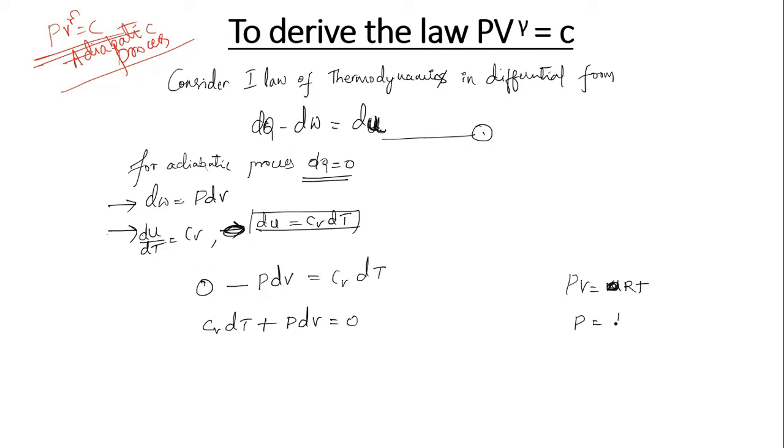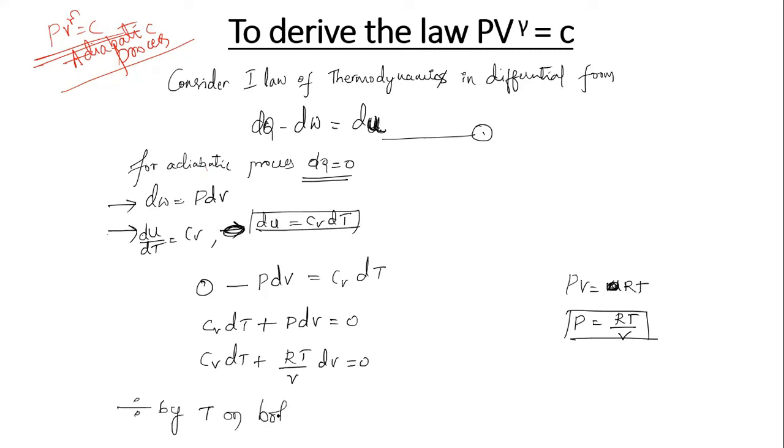Therefore, P is equal to RT by V. Why have I done this? Here, in the differentiation with respect to volume, pressure is there. Therefore, I write P in terms of volume: RT by V into dV is equal to 0. Now, divide by T on both sides.